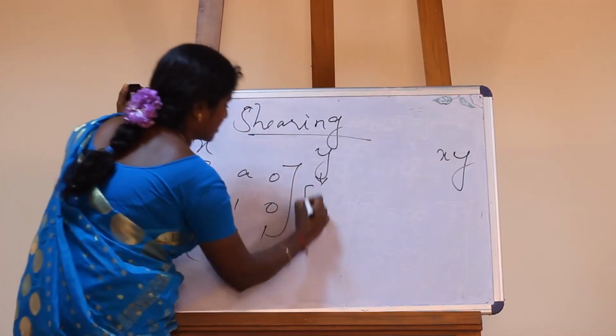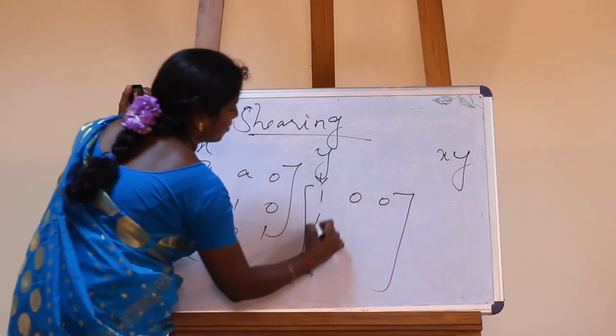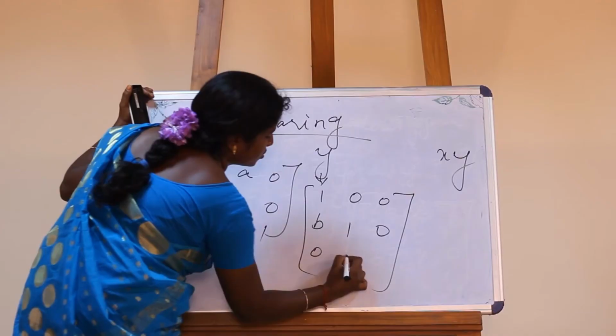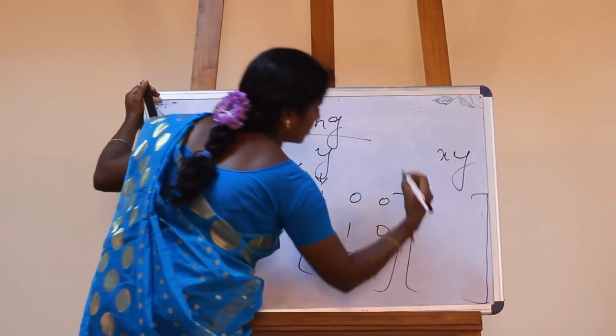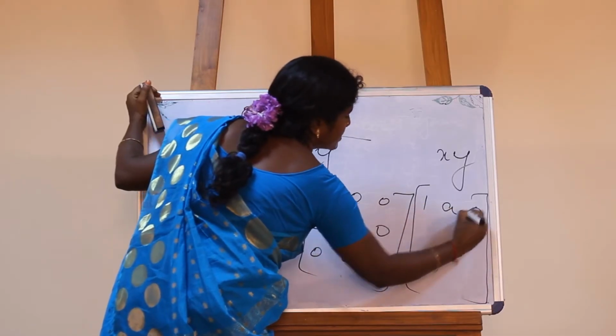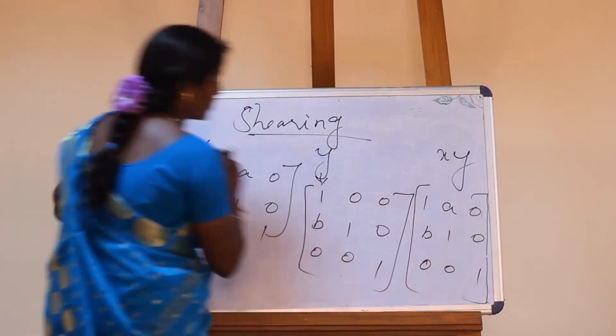Shearing about the y axis is 1, 0, 0; b, 1, 0; 0, 0, 1. Then the xy axis is 1, a, 0; b, 1, 0; 0, 0, 1.